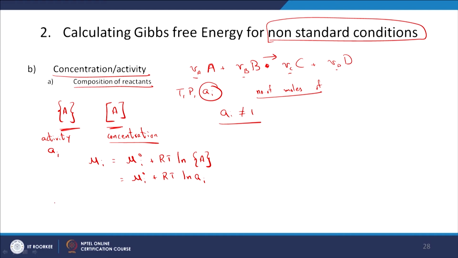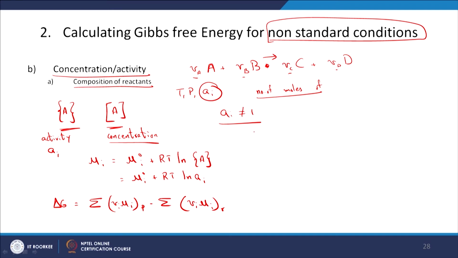What do we know here? Delta G is equal to the summation of nu i mu i of the products minus the summation of nu i mu i of the reactants. And what will that be equal to?